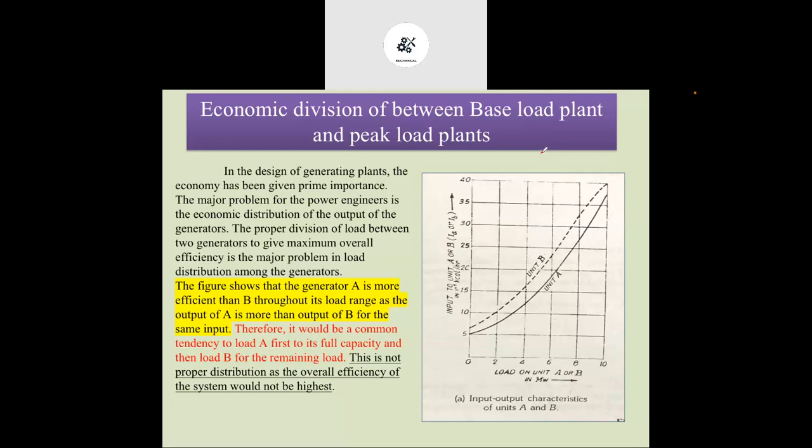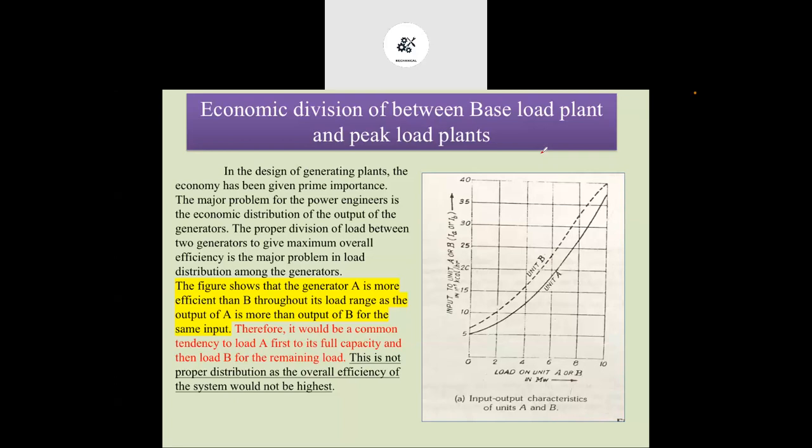A base load power plant will always be in the running condition, it always takes some base load. Whereas a peak load power plant only works whenever the demand is at the peak time, or the load requirement is at the peak. For that variation, we are using these two different power plants.